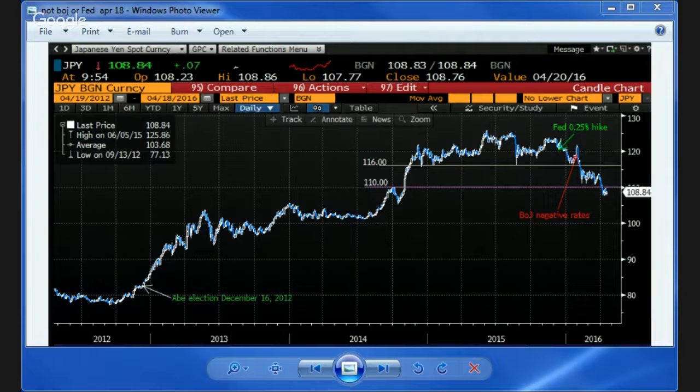But just to give you a sense of how often this has played out, I'm going to find a much longer chart here. Here's one. This goes back to 1980. Let me just pull this up for everyone here.